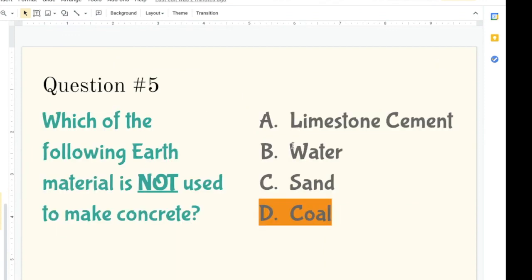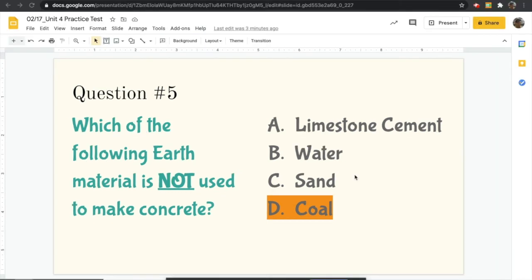If you said coal, that is correct. Coal is not a natural resource used to make concrete. Concrete is made up of limestone cement, water, sand, and sometimes gravel.